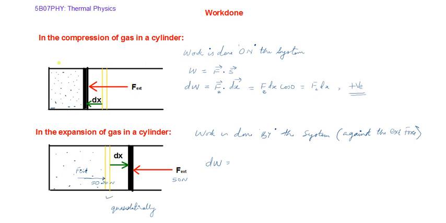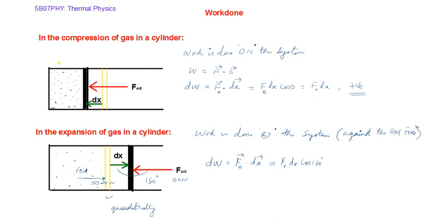Once again, that will be equal to F external dot dx. That is again the same equation. F external is towards the left, dx is to the right, so the angle between these two is going to be 180 degrees. 180 degrees is the angle between opposite vectors, so it will be equal to Fe dx cos 180, and cos 180 is equal to -1.